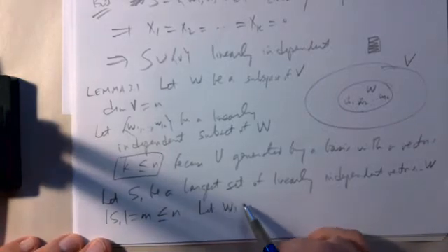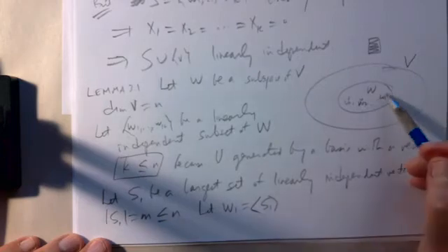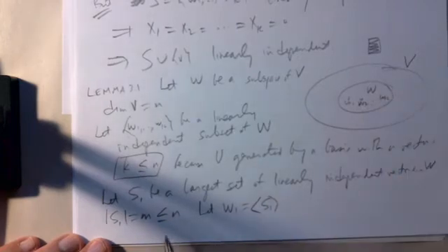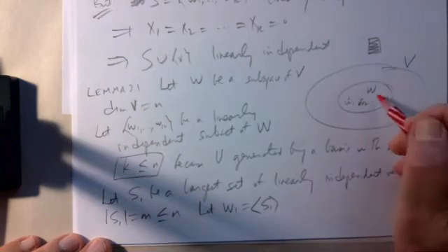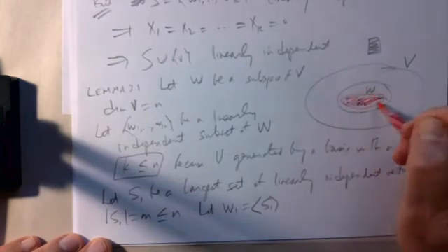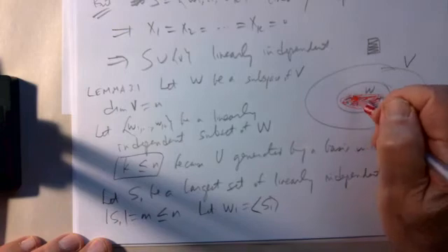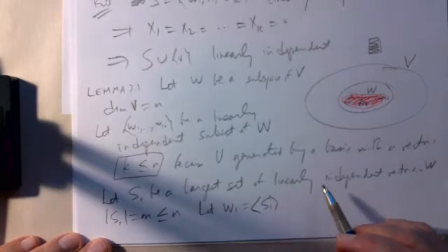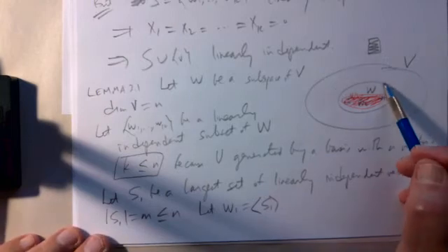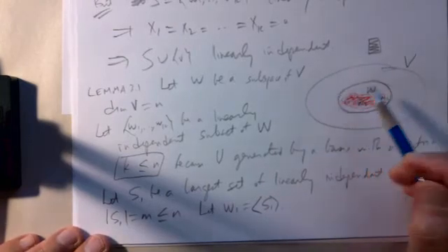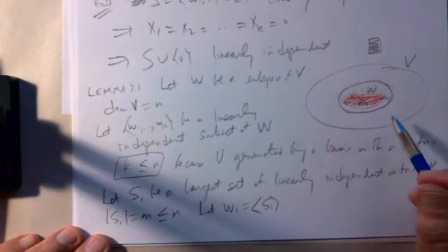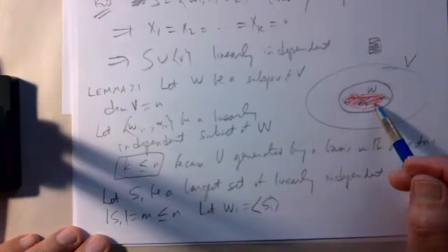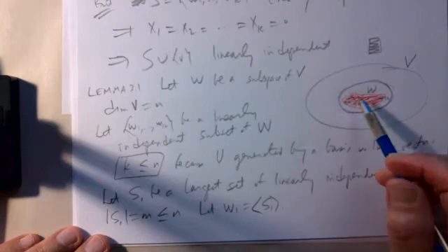Suppose we let W1 be the subspace of W generated by these m vectors. So sitting inside of W, we have the subspace W1. So here's our picture. We have a linearly independent set of vectors inside of W, which generates a subspace W1.